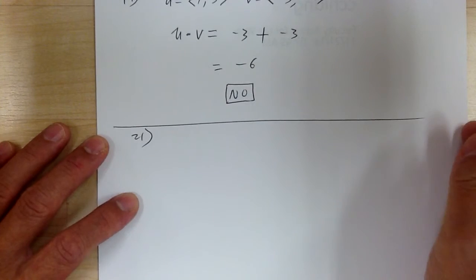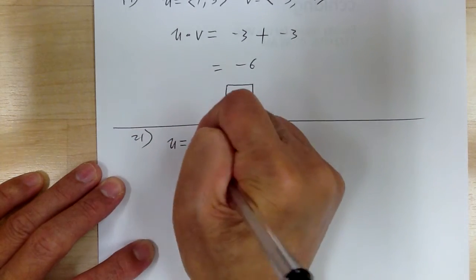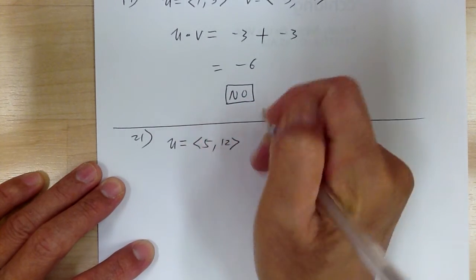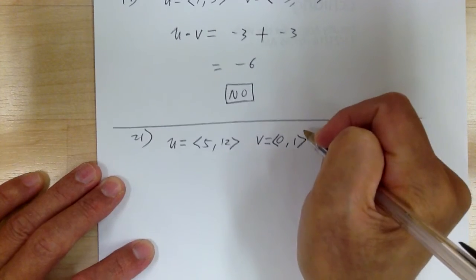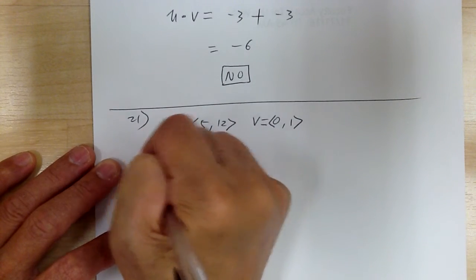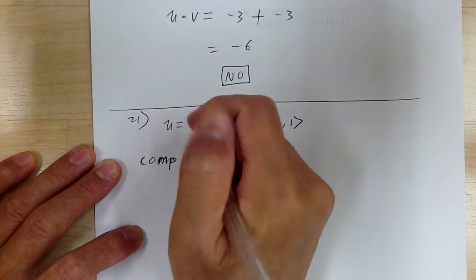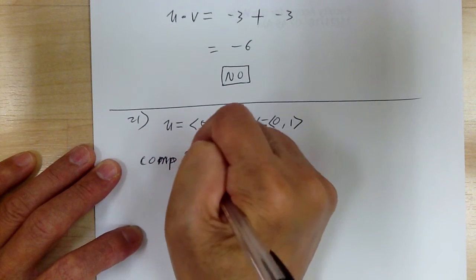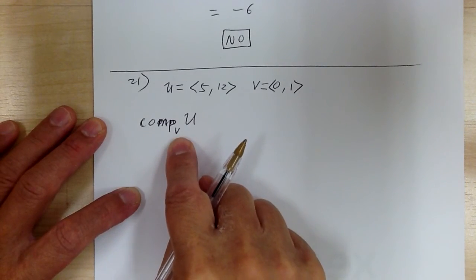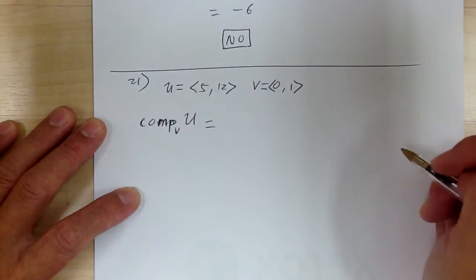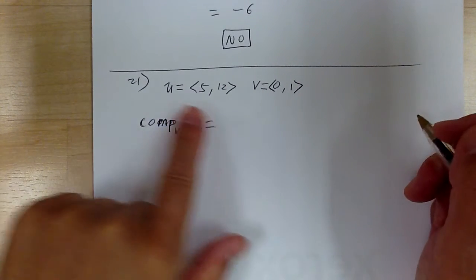Let's go to 21. You have vector u equal to 5, 12, and v equal to 0, 1, and you're looking for the component of u on v. So make sure you put a big U and a small v subscript. You need to know what this means.